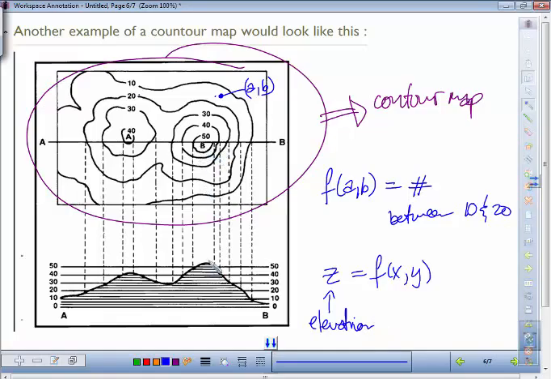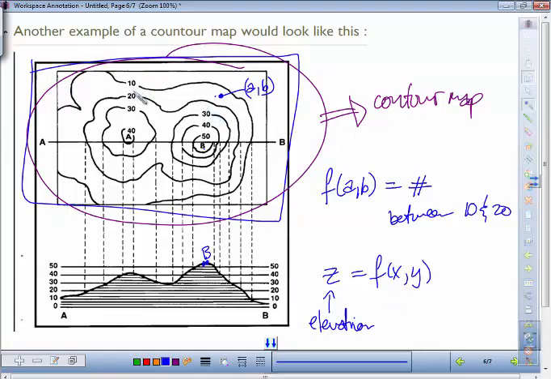And if I go to this peak over here, this is peak B. And that's over 50 feet or meters or whatever it is we're dealing with. That's the elevation. But I can just focus on this top picture over here and get a two-dimensional idea of this.